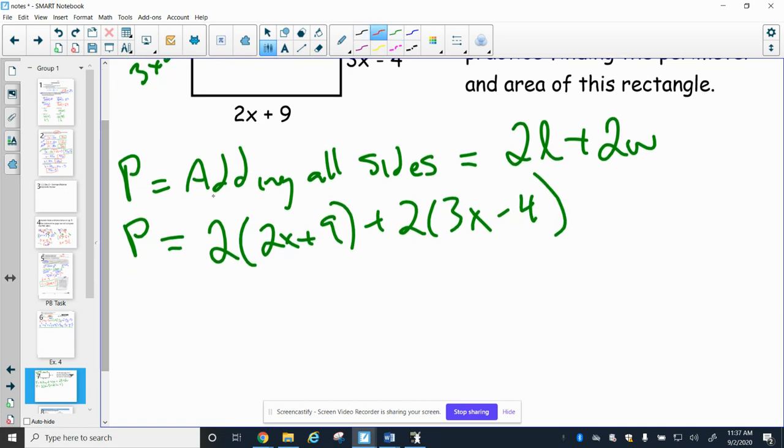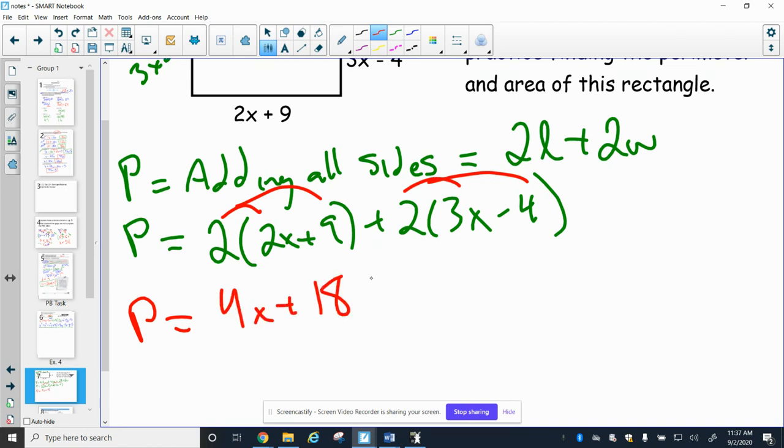Now it's just a simplifying problem. Perimeter equals 2 times 2x, 4x, plus 2 times 9, 18, plus 2 times 3x, 6x, 2 times negative 4, minus 8.